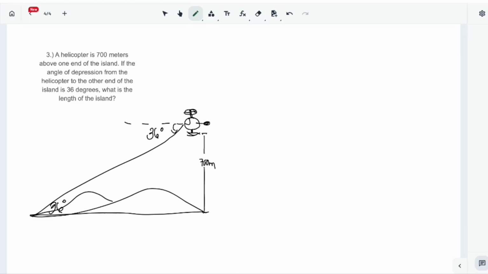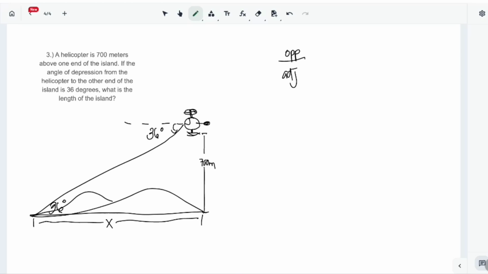So now the question is, what is the length of the island? So ito ang hinahanap. So balikan po ulit natin yung relationship. From the 36 degrees here, what is the relationship of 36 to 700? It's opposite. Very good. And then 36 to x, it's adjacent.